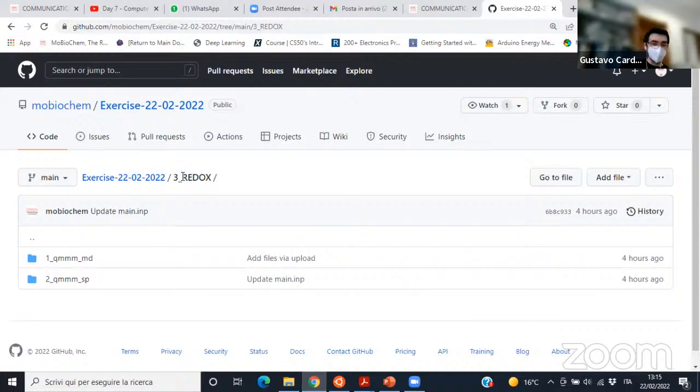Okay. So now that we are there, let us first begin with what we are going to do today, which is the computation of redox potentials using quantum mechanical, molecular mechanical methods.